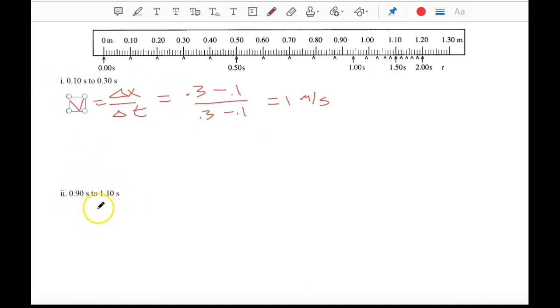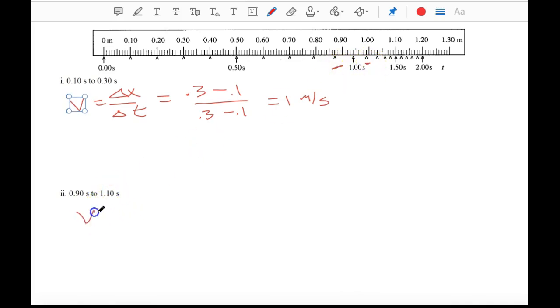For 0.9 to 1.1 seconds, so this is 0.5, 6, 7, 8, 9. So there's this one, and then we've got 1.1 seconds. Here's 1.0, here's 1.1, so we've got a smaller space here.